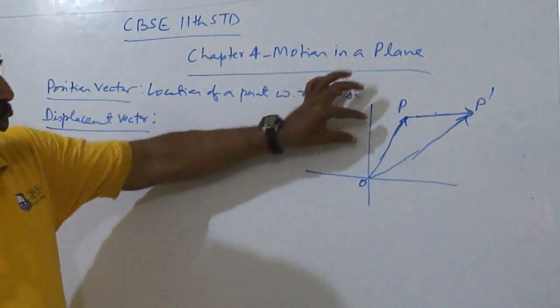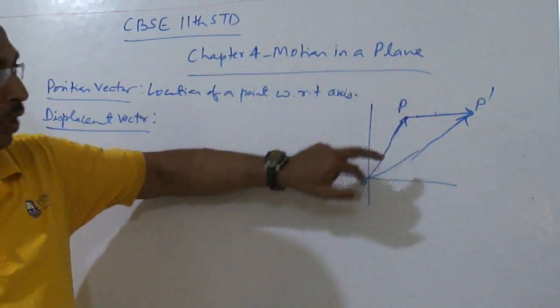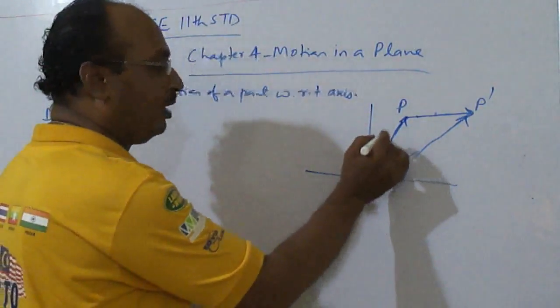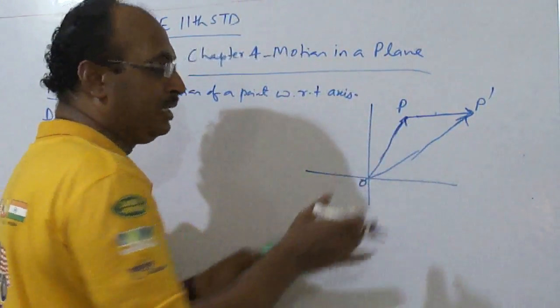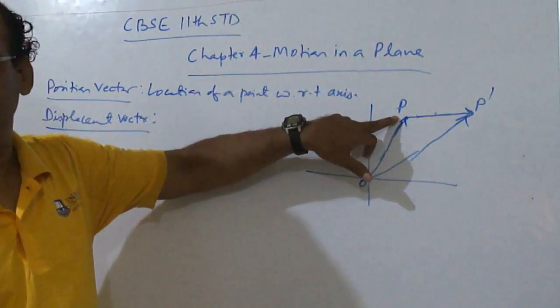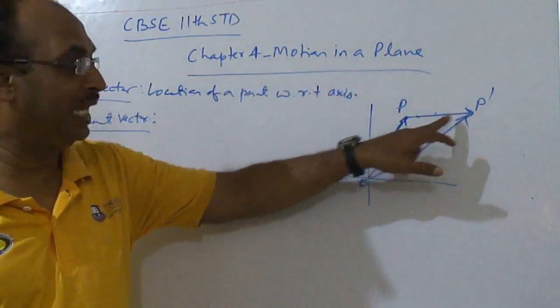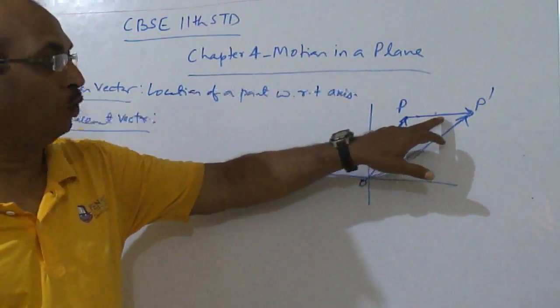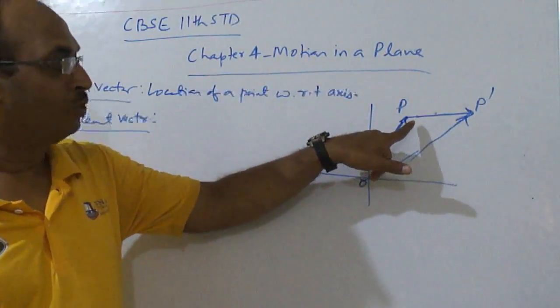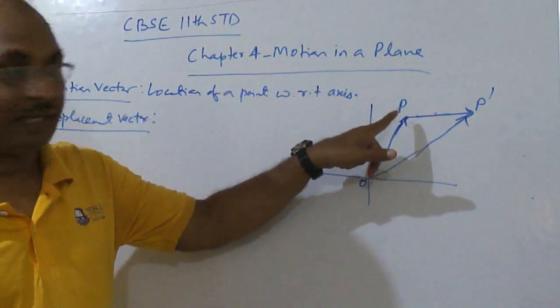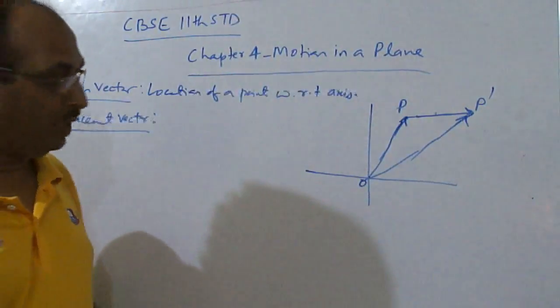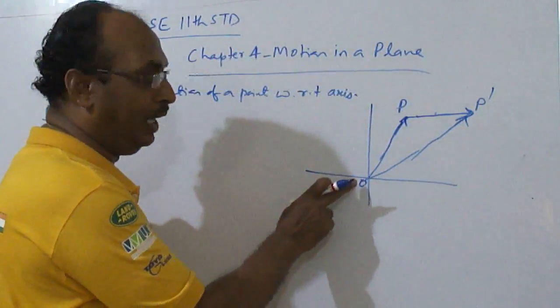So now OP is a vector. In this OP vector, you have made its tail here and head here. Now another vector PP dash, the displacement vector: you have joined P and P dash, starting from its head and ending in its tail.